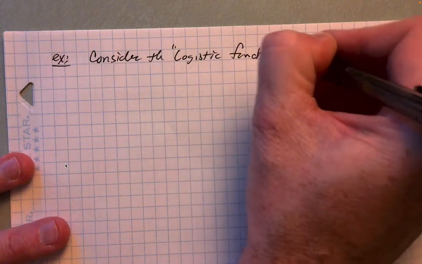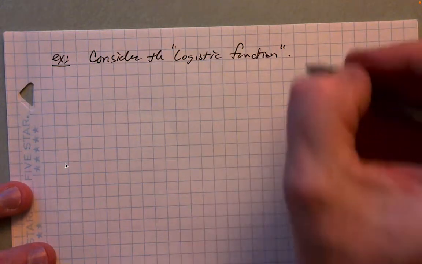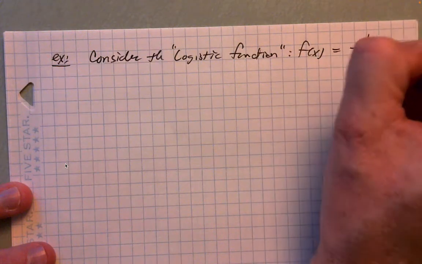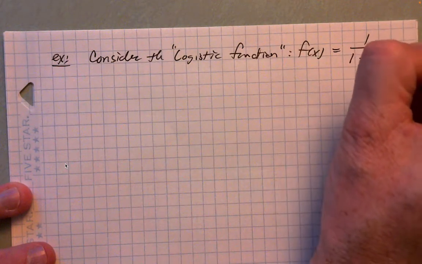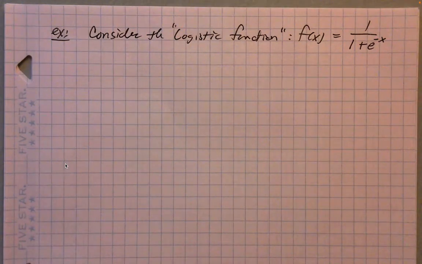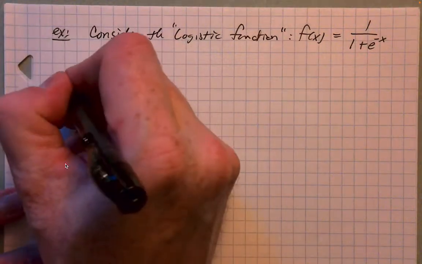Some of you may or may not be familiar with a logistic function. F of x equals 1 over 1 plus e to the negative x. This function is very, very famous. So this is called the logistic function. The logistic function actually has 2 horizontal asymptotes. So let's figure out what they are.